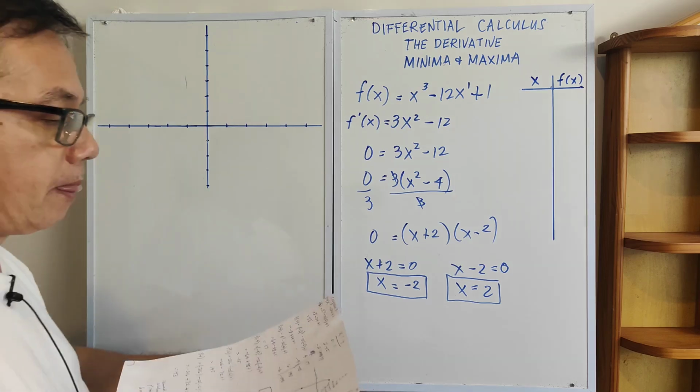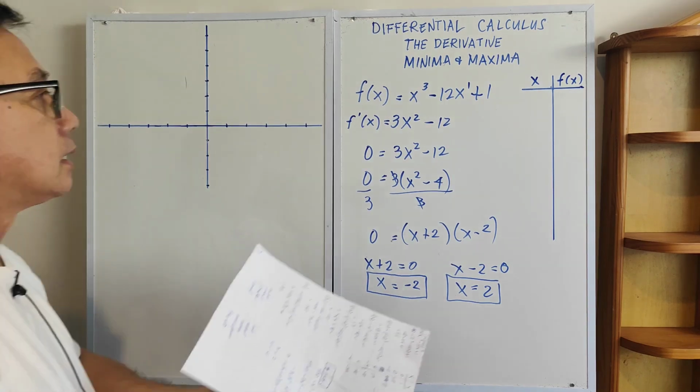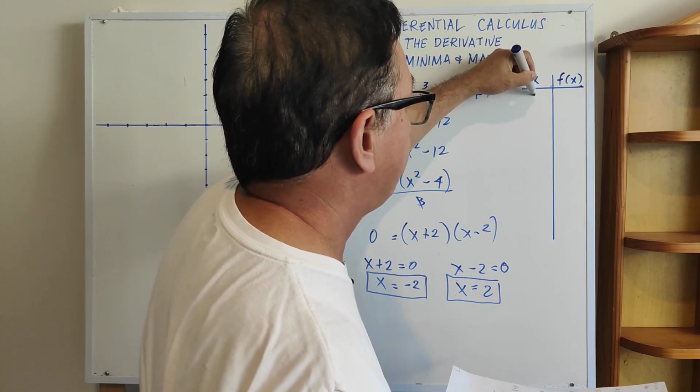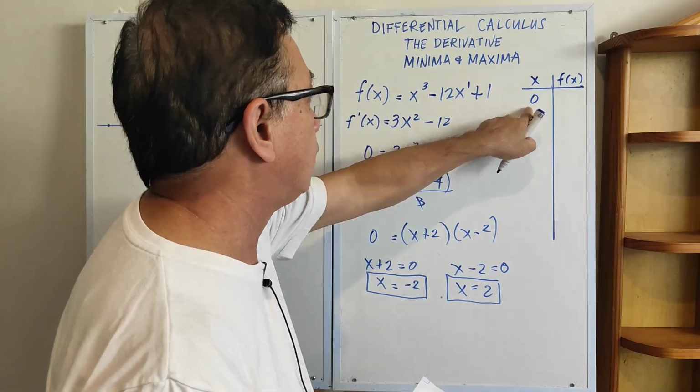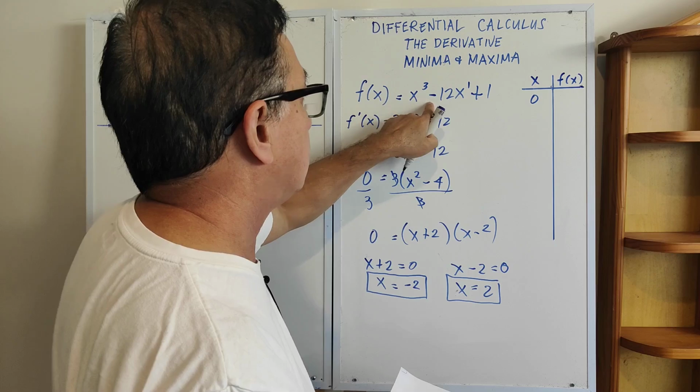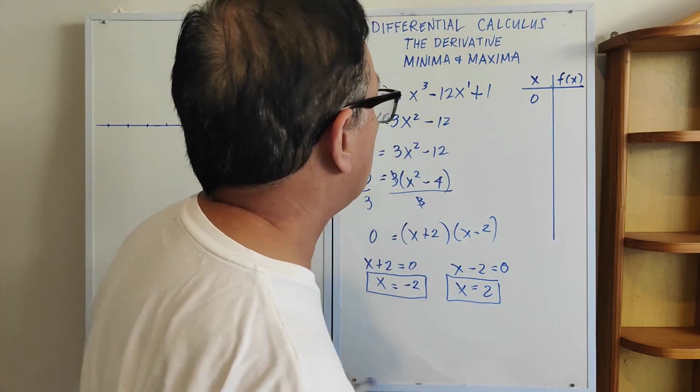For example, if x is 0, we just plug in the value of x here to get the value of the function.